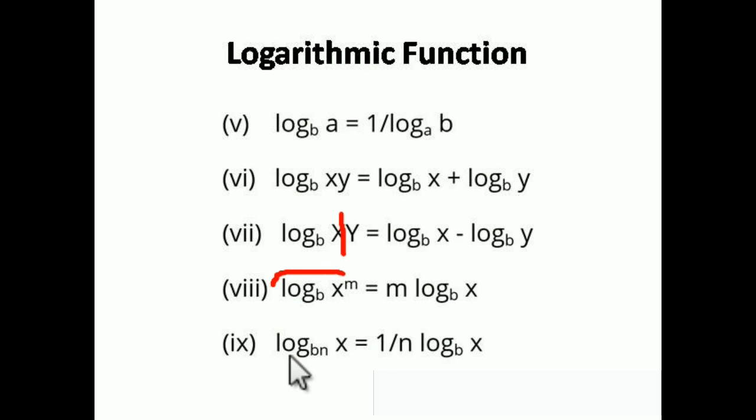Similarly, this is most important and a very rarely known property: log x with the base b raised to n, or base b into n, can be written as 1 upon n log x with the base b. That means you can divide by the multiplier of the base. Suppose you have base 3 into 2, that is 6, then 1 by 2 comes ahead. So this is the most important property to use.